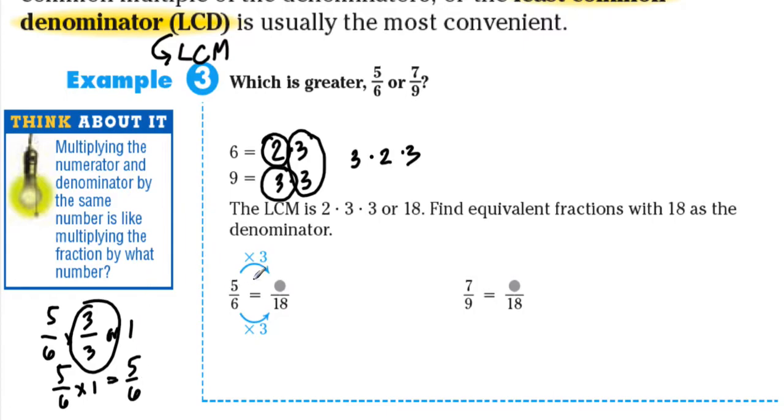Okay? So what happens now is that the value of that circle right over there would be 15. 5 over 6 is equal to 15 over 18. And same thing here. Multiply 9 by 2 to get to 18. You need to do that with the numerator as well. And you get your equivalent fraction as 14 over 18. Okay?